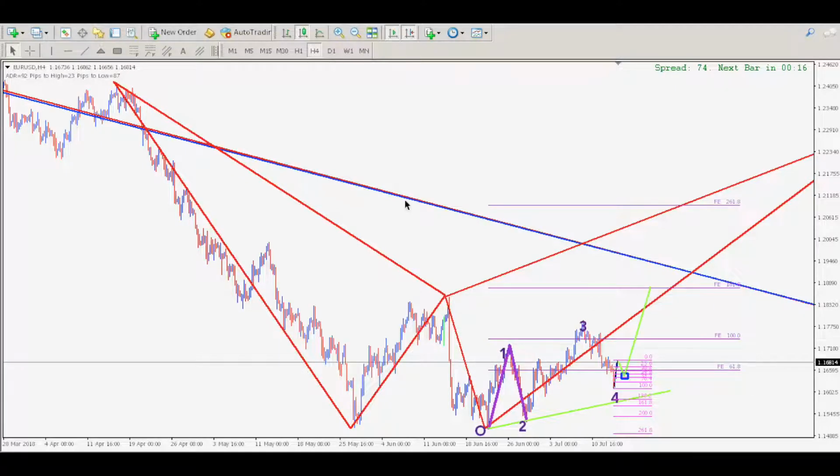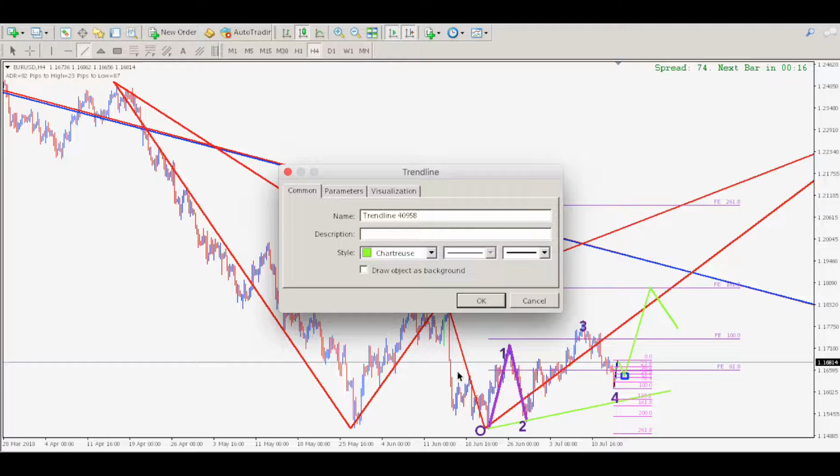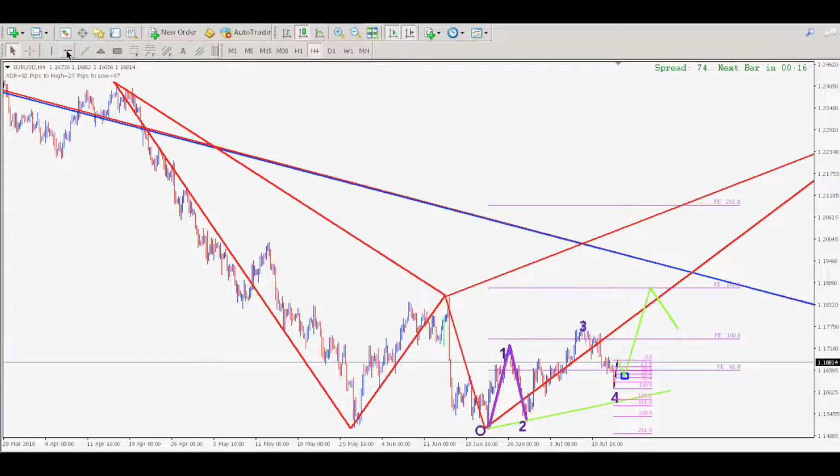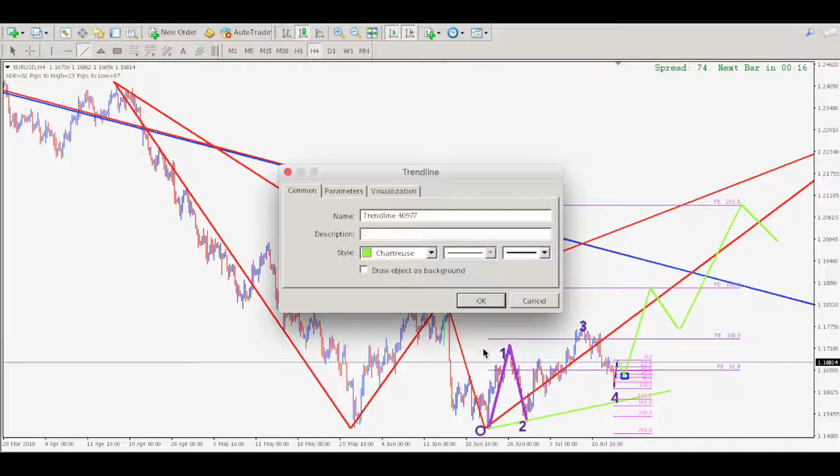And after it does that, if you want to go further into detail, you're looking at a quite possible push back down to this level here. And then another buy up to the 2618. And if you look left all the way over, you see that was another area where price dropped. So you're looking probably for another push down back to about right there.